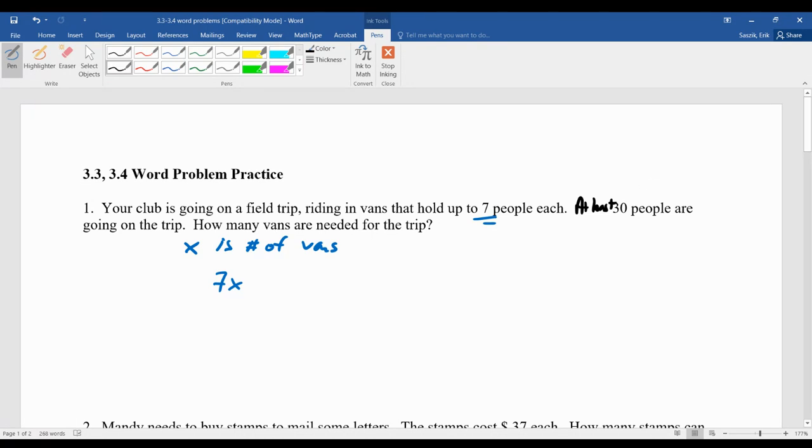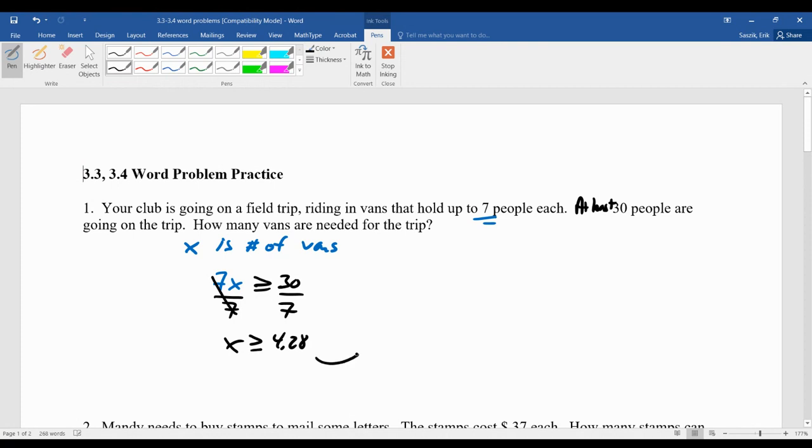So that means 7x would have to be, you'd have to accommodate at least 30 people. Now you come up with the 4.28, okay?